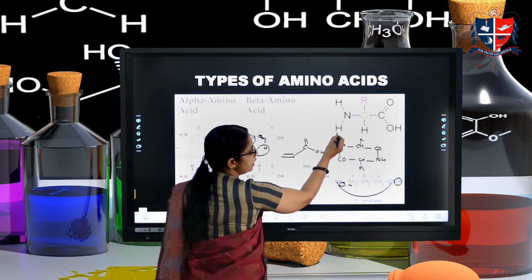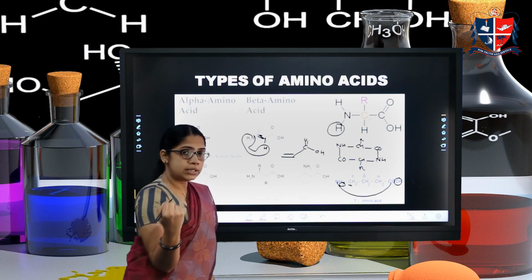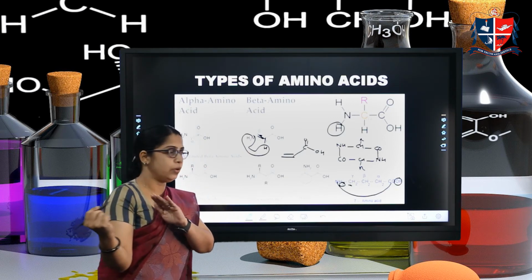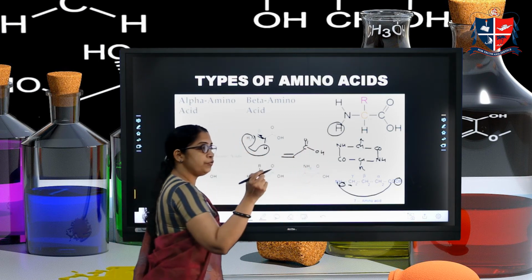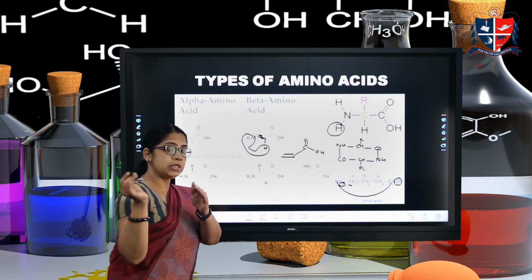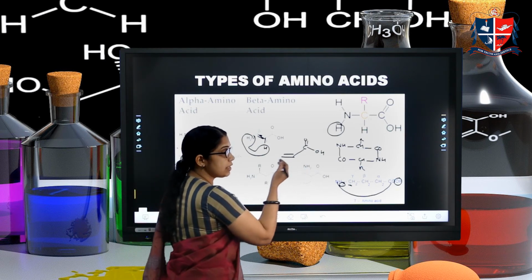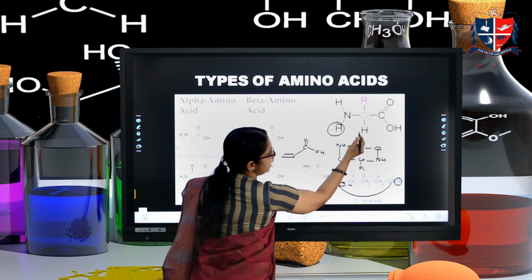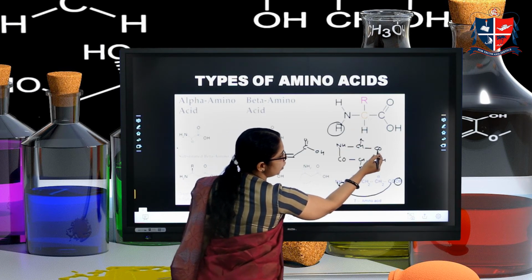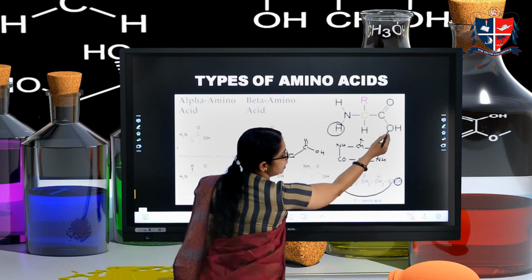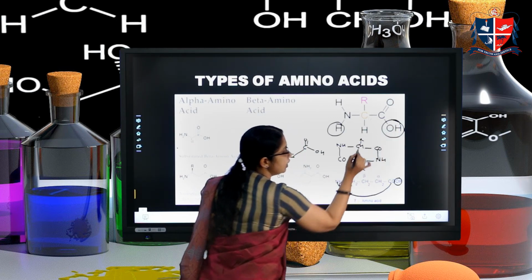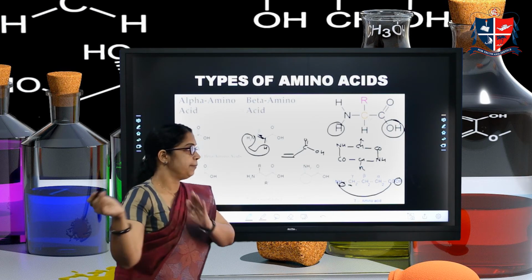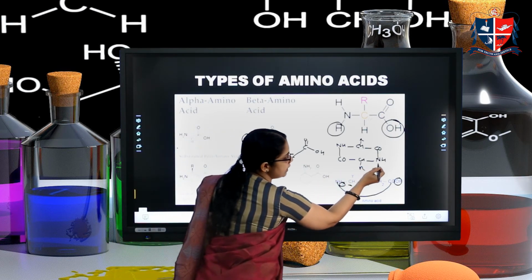So hydrogen from here and OH from the COOH of the other amino acid leave as water, and it forms an NHCO bond. The remaining is CHR, then CO. Similarly, this OH and the hydrogen from the NH2 of the other amino acid leave as water. So the remaining is NHCHR.